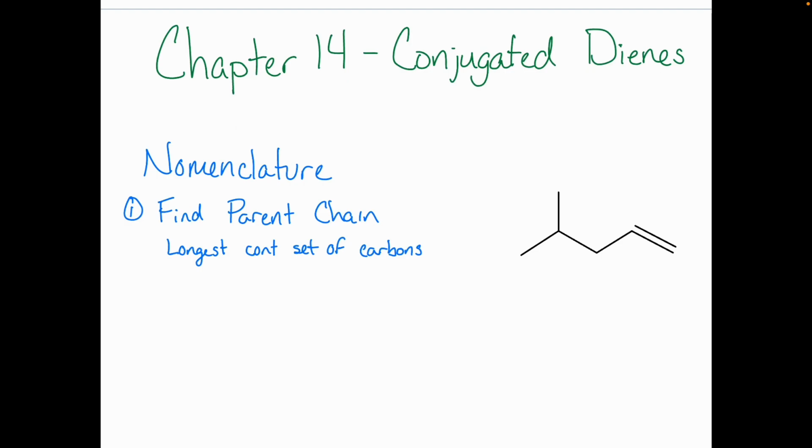So the longest continuous set of carbons containing our functional group. If we look here, my longest continuous set of carbons containing that double bond are these 1, 2, 3, 4, 5 carbons right here.